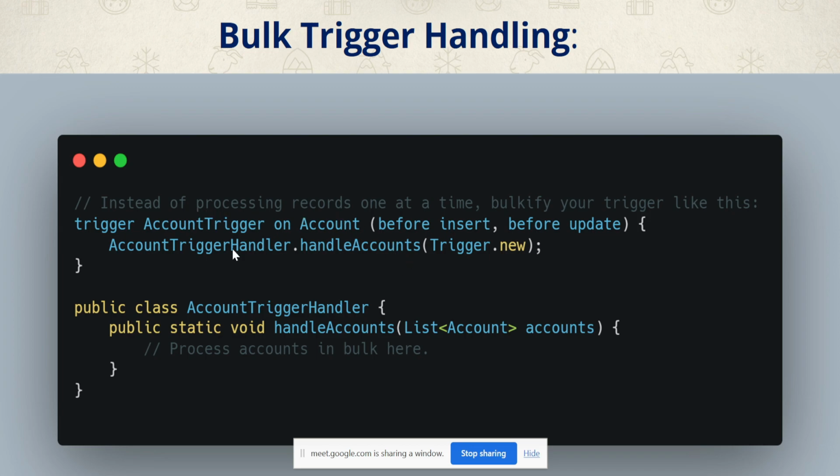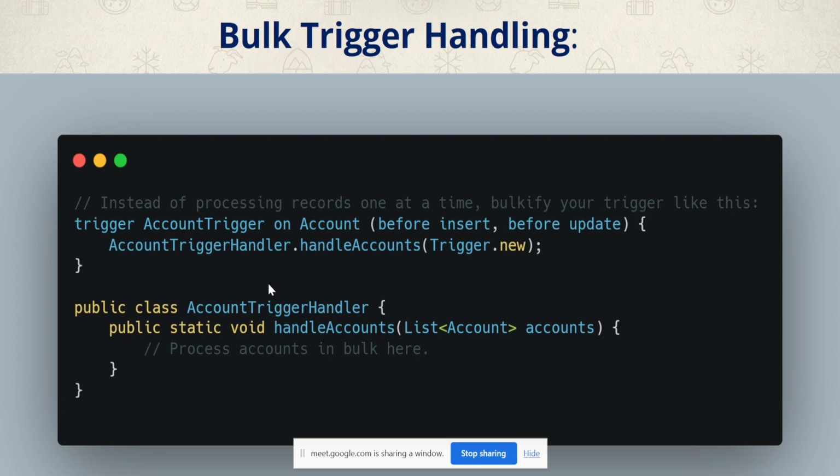Here you can see this is the trigger on the Account object, on before insert and before update. I have created one handler class, AccountTriggerHandler. Always keep your naming convention consistent between your trigger and your handler class. My trigger name is AccountTrigger, so I am using the class name AccountTriggerHandler.